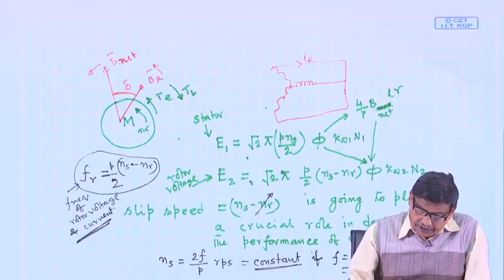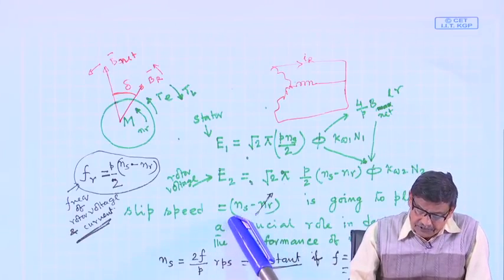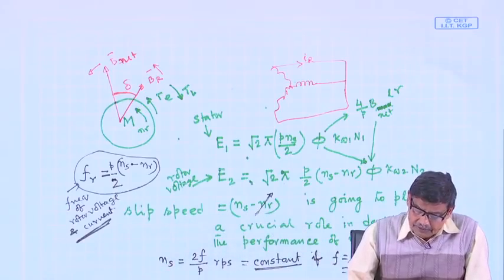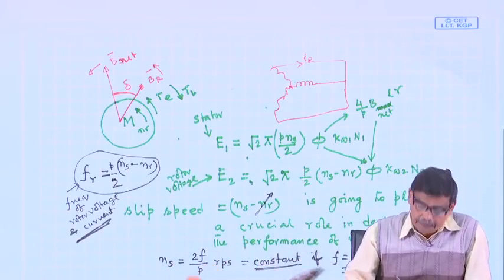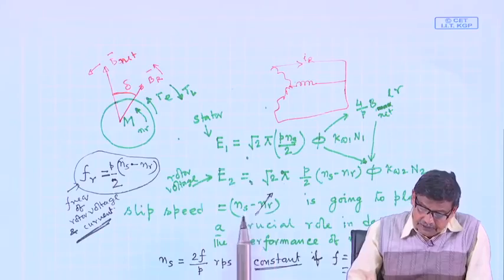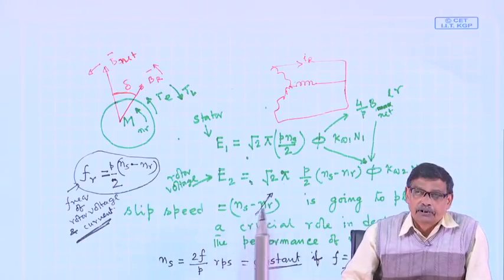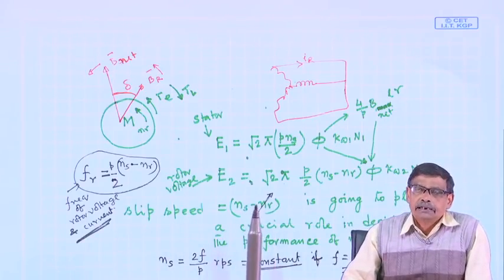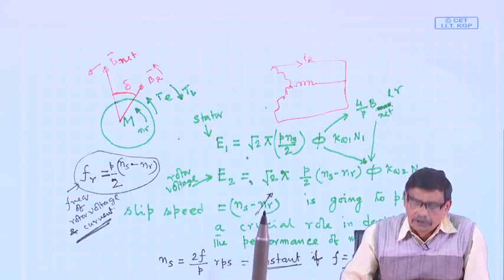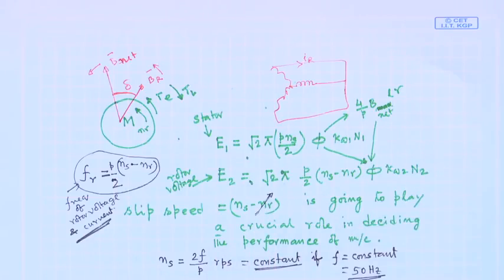It is the difference of the speed of the stator field, or the net field, and the rotor speed. This difference is very important, because it essentially decides the magnitude of the voltage, hence the current in the rotor circuit. This difference in speed is called slip speed.